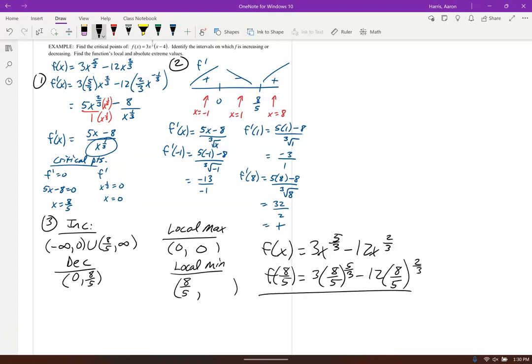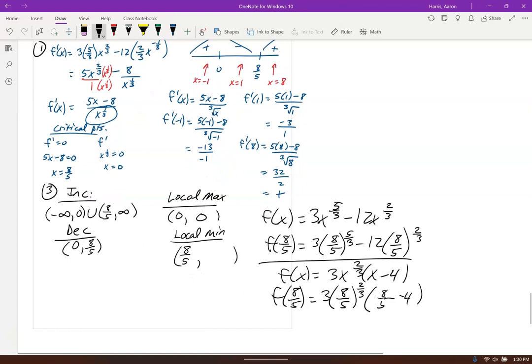Or I could plug it into the factored form, 3x to the 2/3 times x minus 4, before I distribute it. I could throw that 8/5 in there. Either of those will spit out the answer.